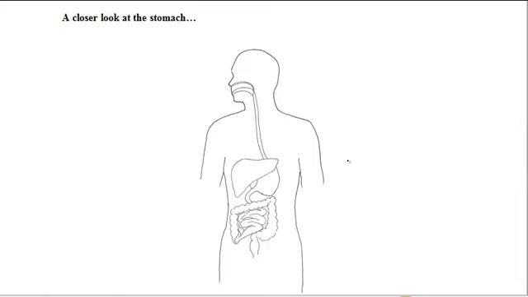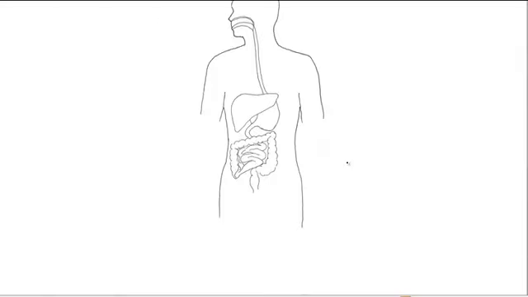So to begin with, let's take a closer look at the stomach. The stomach, in particular, I can't see all of it because it's hidden in here behind the liver. It comes down like this.